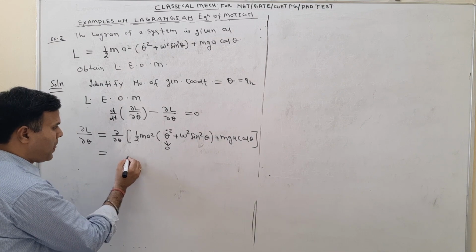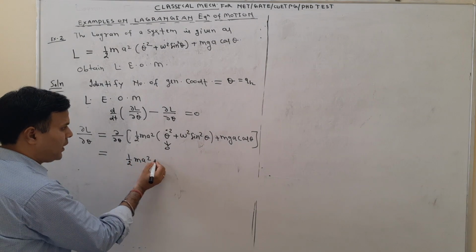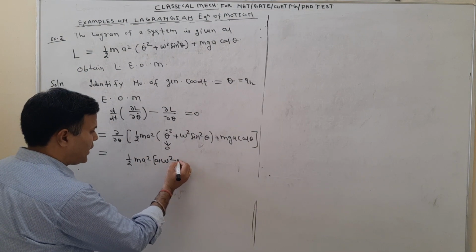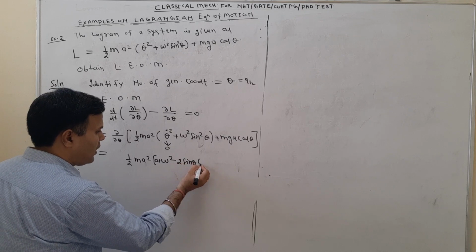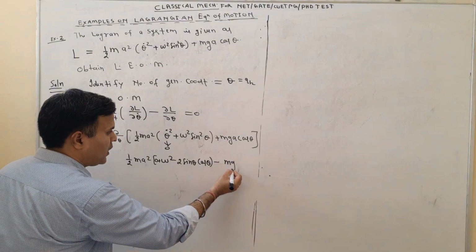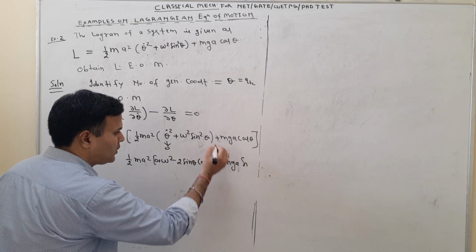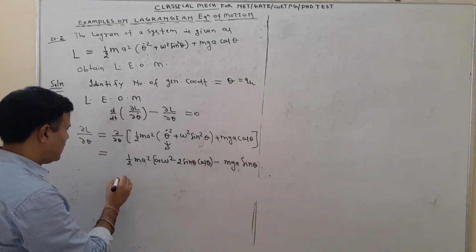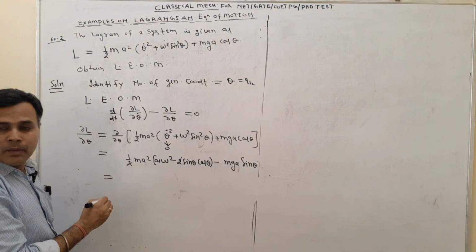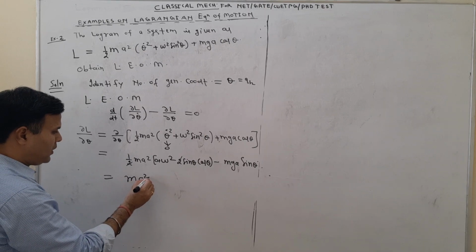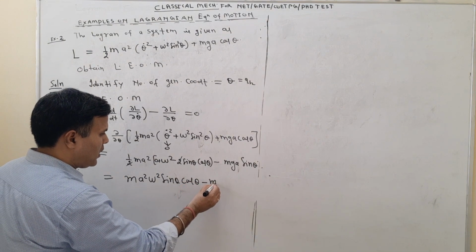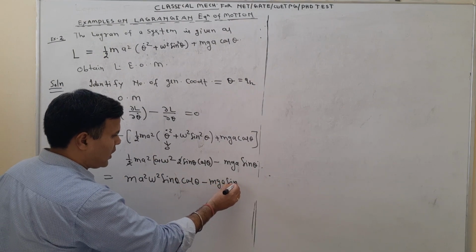So what we have is 1 by 2 m a square omega square, which gives 2 sin theta cos theta, plus mga, and the derivative of cos is minus sin, so there is a minus. This 2 and this 2 will cancel out. So we have simply ma square omega square sin theta cos theta minus mga sin theta.